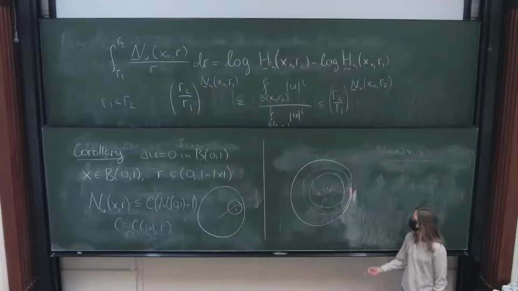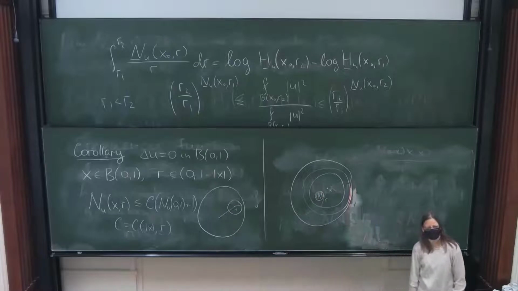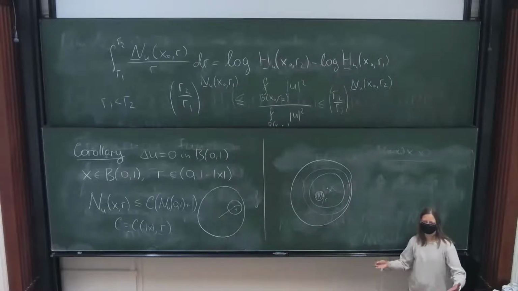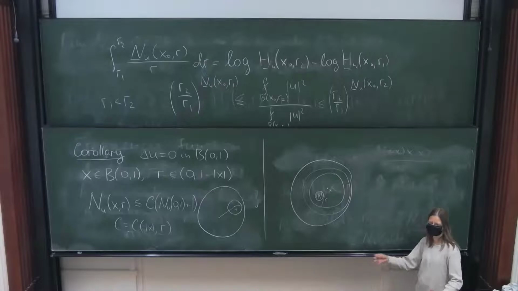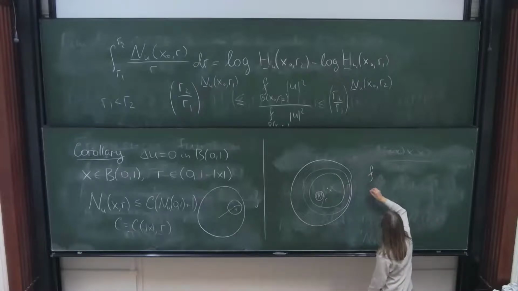On the other hand, the small ball is constructed so that it contains a ball around the origin, and the large ball is definitely in the initial one, but we had averages.